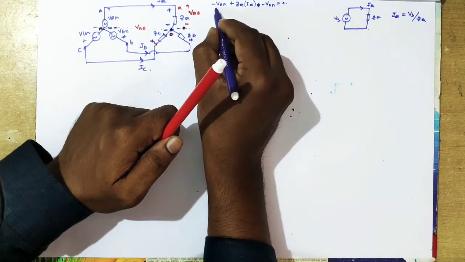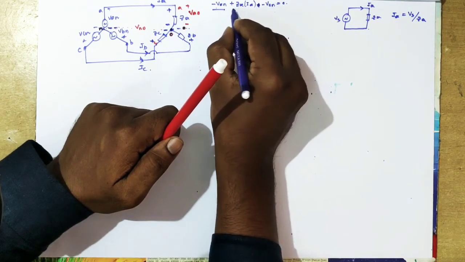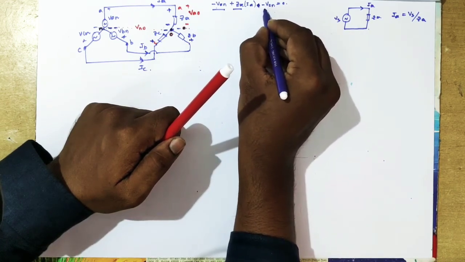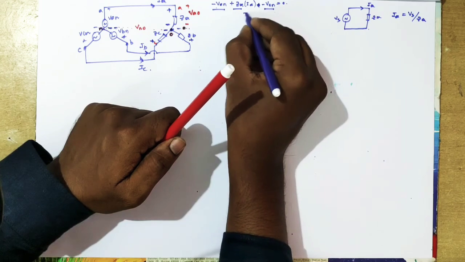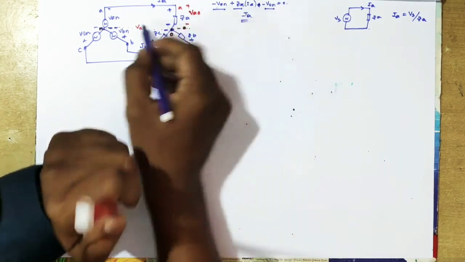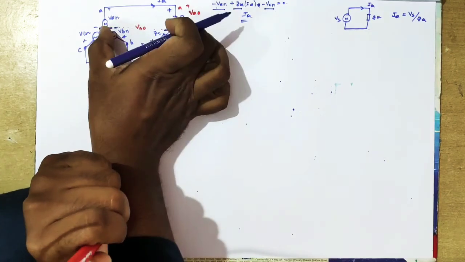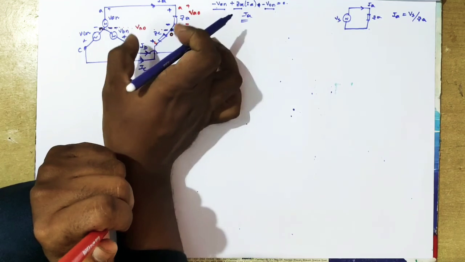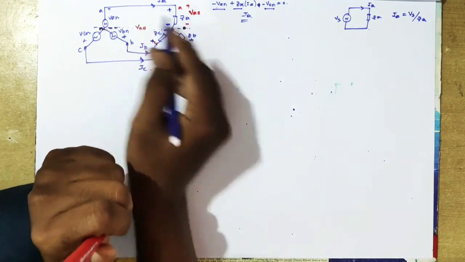So you know the value of VAN, you know the value of ZA, and if you find VON, then we can find IA. So that is the main thing. To find current IA, you need to know the potential across this neutral wire, between the supply neutral and load neutral. That's the main thing.